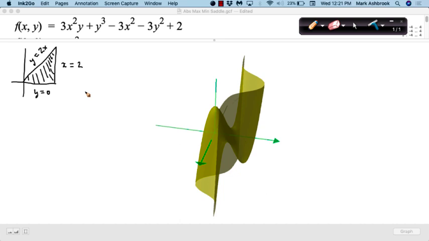If you're outside of this region, then you have a situation of x and y that just doesn't make physical sense in the world, okay? So now we want to know, within that region, what are the absolute max and min values of f in the feasible region?